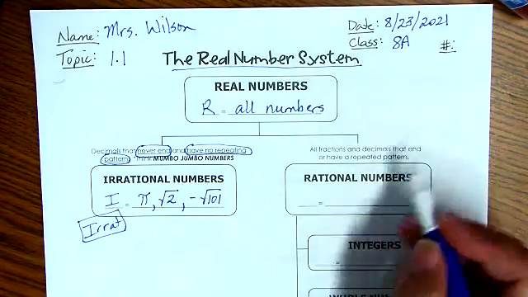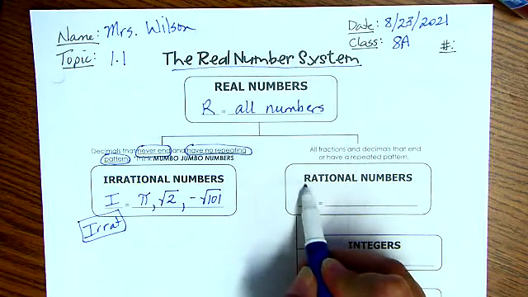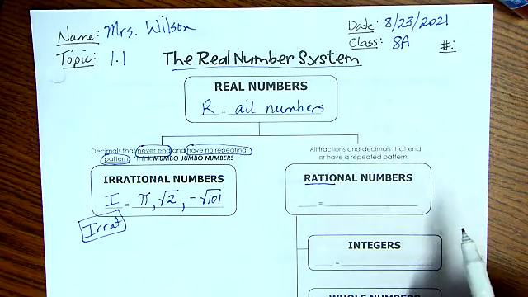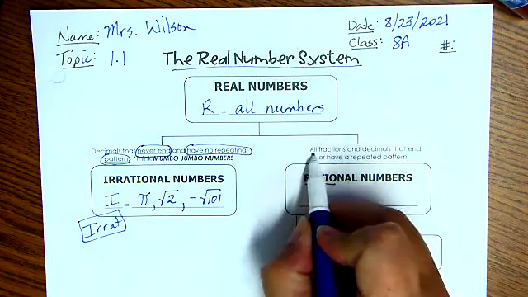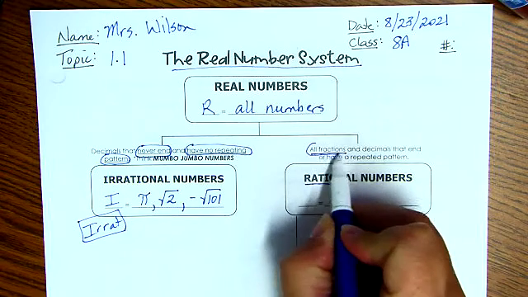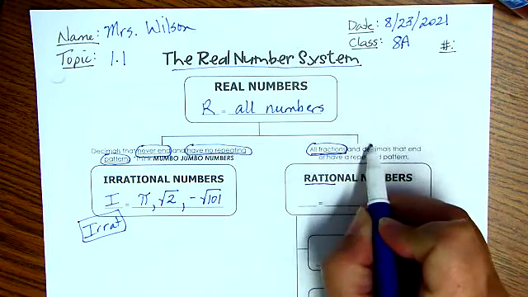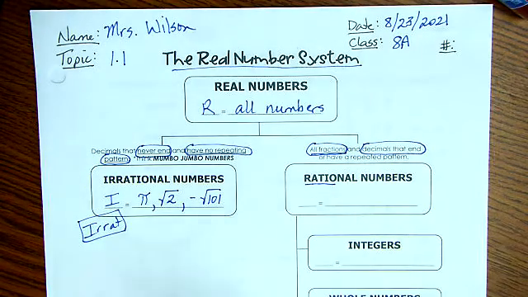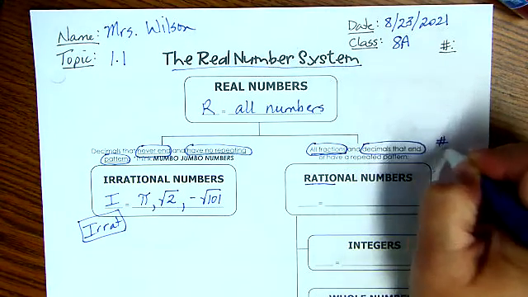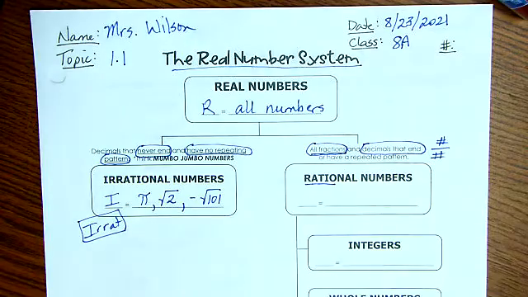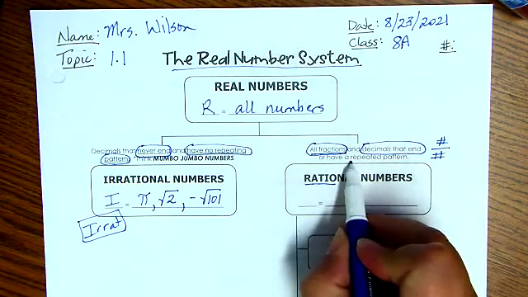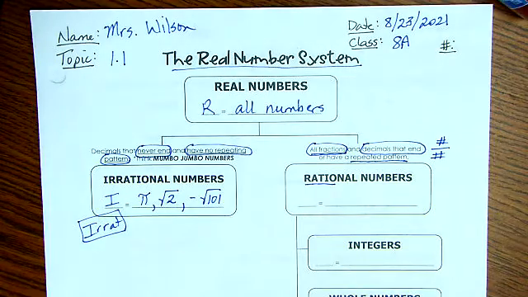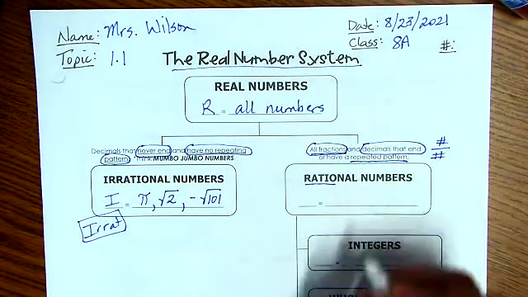For rational numbers, notice the word ratio inside. So therefore, this is all fractions or decimals that end. It can be written as some number over another number, like a ratio. Or it has a repeated pattern, like 2/3 is 0.6 repeating.